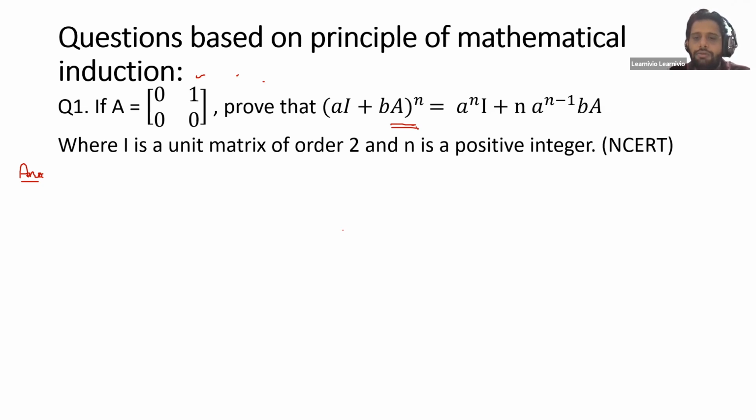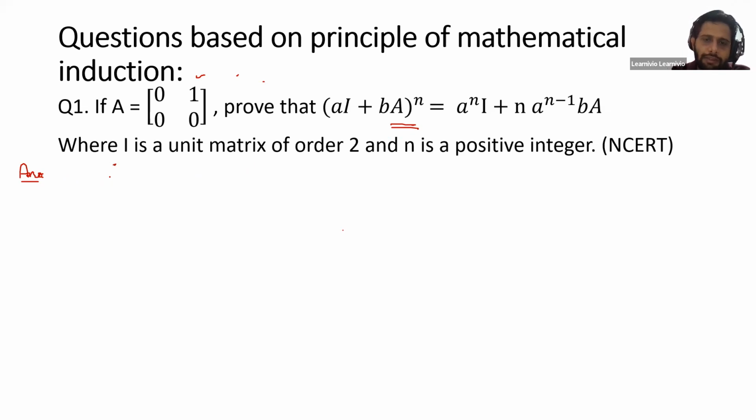This method is not correct, because maybe some formula can be valid for values up to 99, but after that, there are chances that the formula will become incorrect. So in these types of questions, we use the principle of mathematical induction. We have 3 steps. In every type of question, you need to perform the same steps.